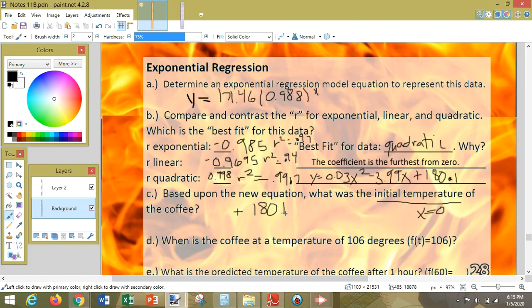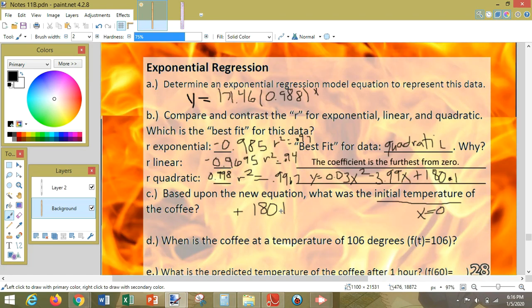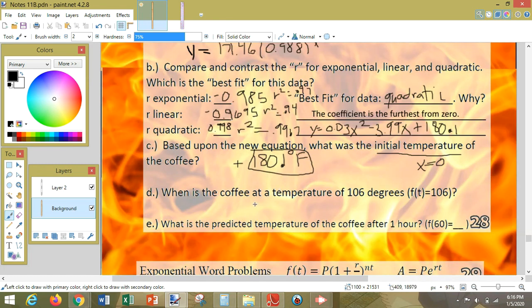Based on our calculations, a was approximately 171.46, and b, the base, is 0.988. So that would be our exponential regression model to represent the data. We're going to compare and contrast the r for exponential, linear, and quadratic regressions.